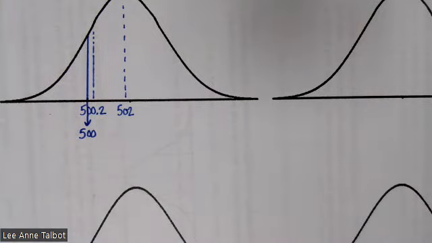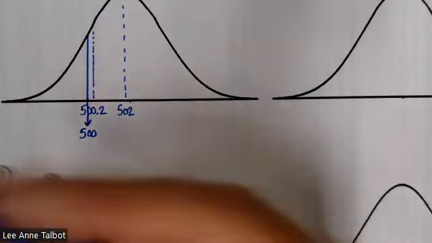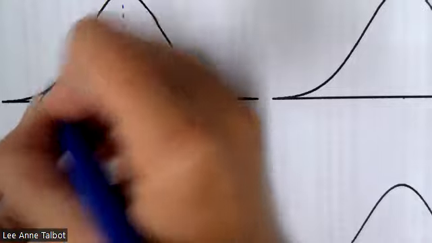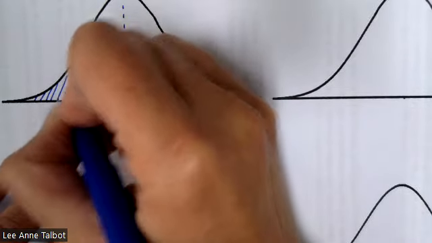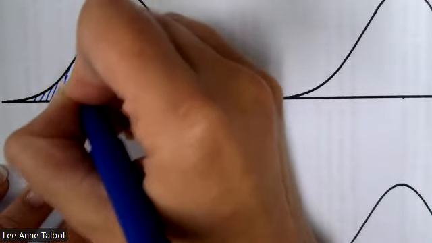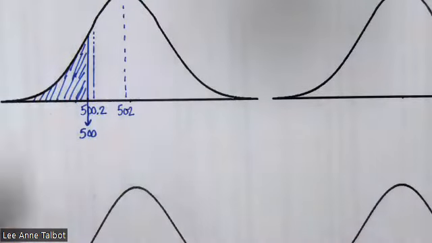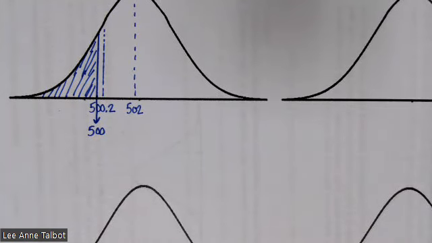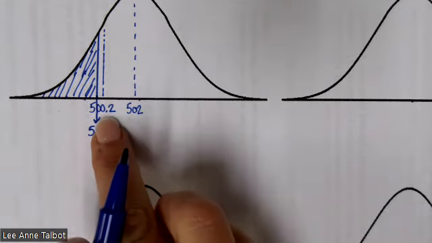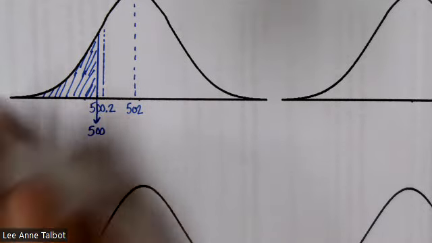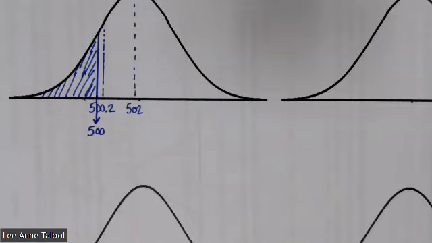Then less than is going to be all of this part. So that's the less than section. Do you guys understand that that's less than? Because this is 502 and that's 500, and then this would be everything less than 500.